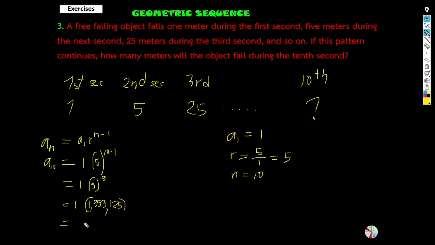So you just multiply it with 1. The answer is just the same, 1,953,125 meters.